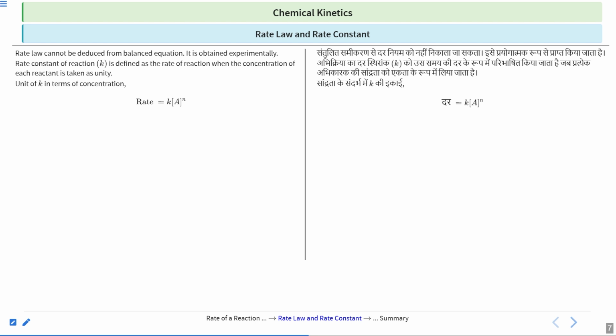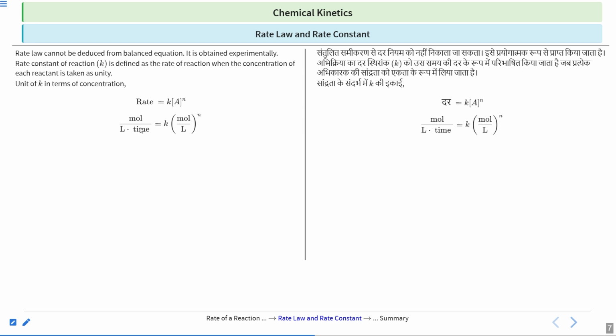Now for this case, we can just put the units of the terms displayed here. For rate, we put mole per liter per time.